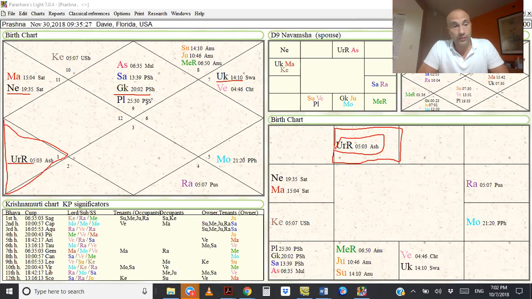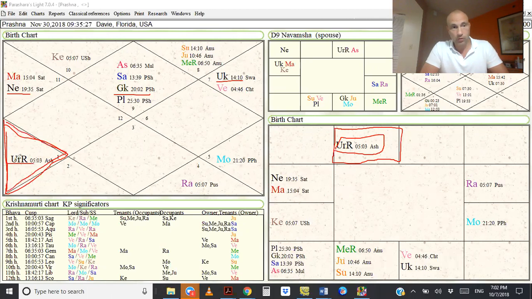Neptune would be Varuna. Uranus could easily be Indra. He rules electricity, right? Neptune rules the oceans. So there are correlations, definitely. And in fact, if you want to experiment, absolutely go for it.